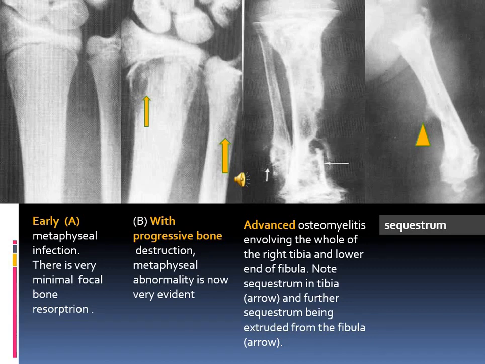And in the last image you can see the area of the sequestrum is seen overlying the area of the cortex, and this represents the complication of osteomyelitis.